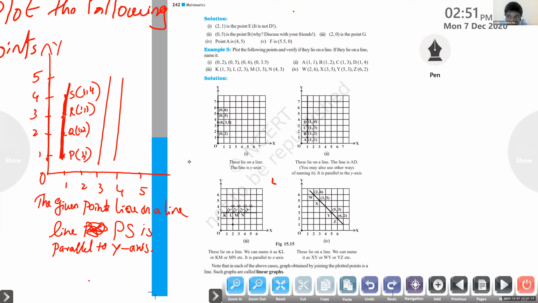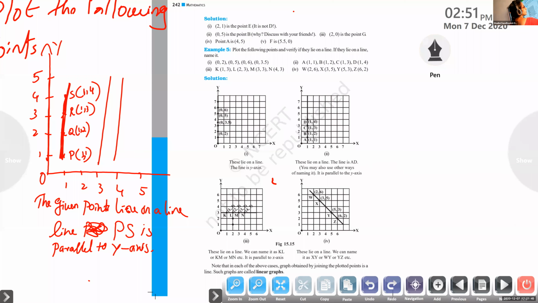0. So any point on y-axis, its x coordinate will be 0. That is the point we are discussing. For any point on y-axis, its x coordinate will be 0. If you want, you can write it as a note. It is a very important point.